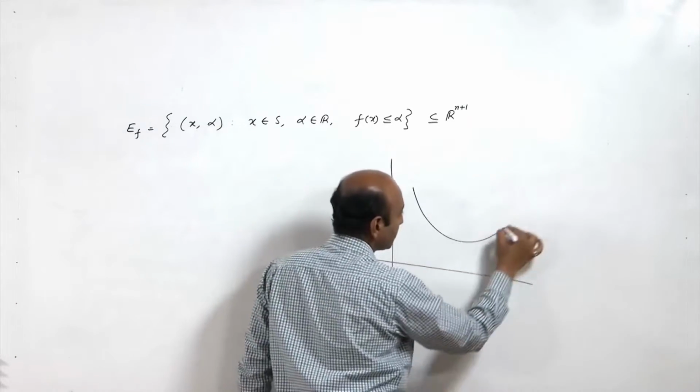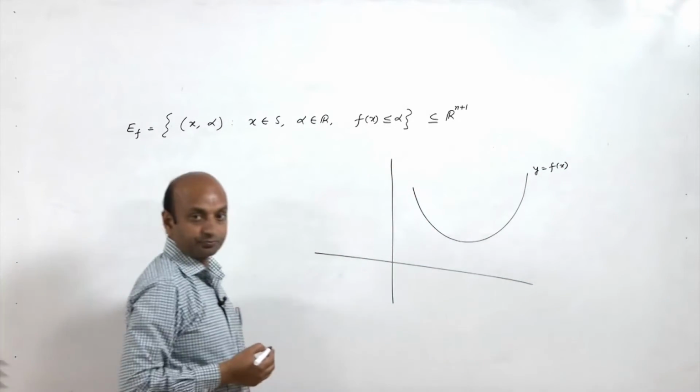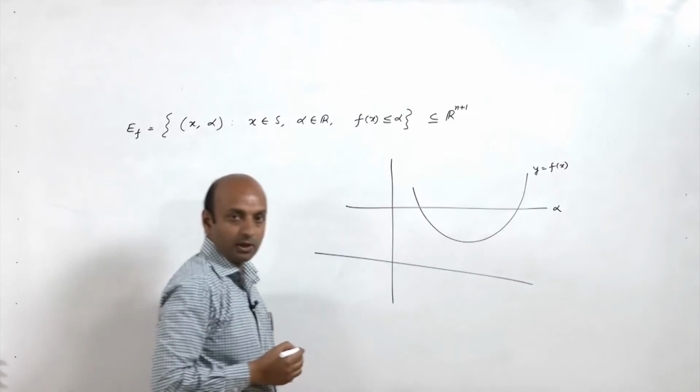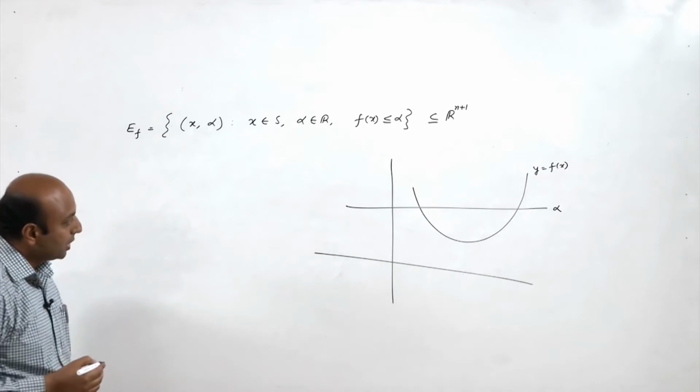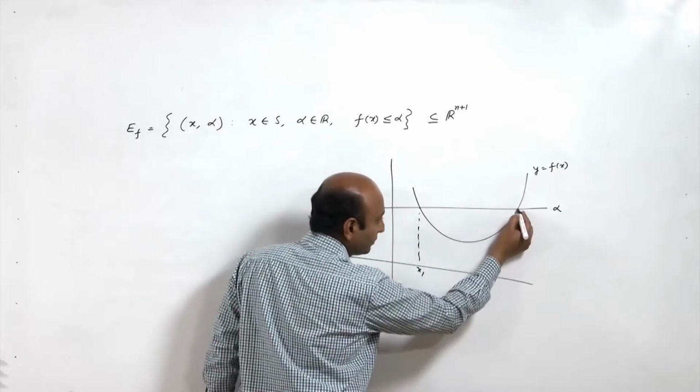Suppose you have this function, say y equal to f(x). Now suppose you take this alpha, y equal to alpha, and this is some x1 and this is some x2.